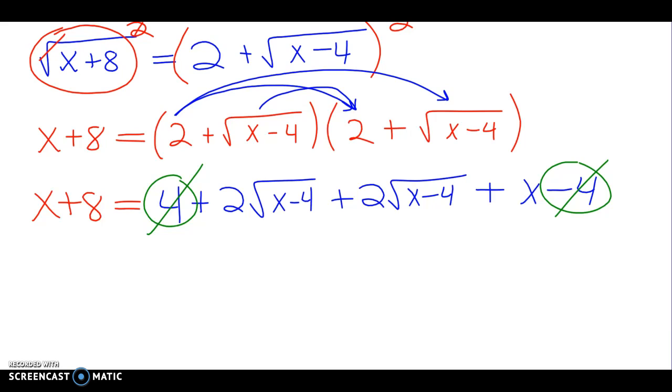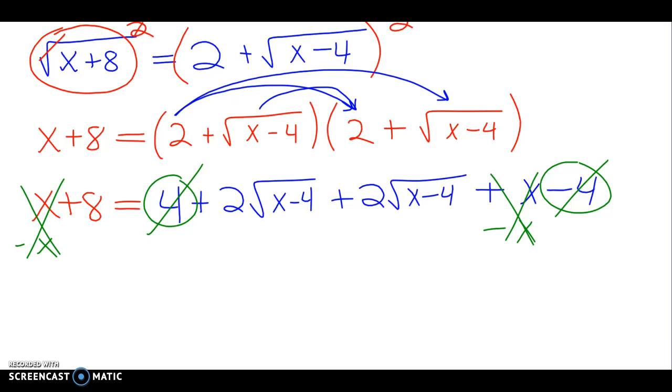I have one x on the far right, and one x on the far left. Why are those going to cancel? Because if I combine them across the equal sign, if that's a positive x, you have to subtract x. x minus x is 0. Those cancel out.